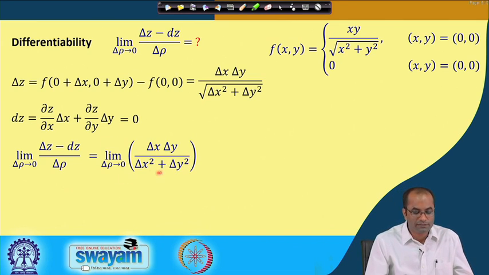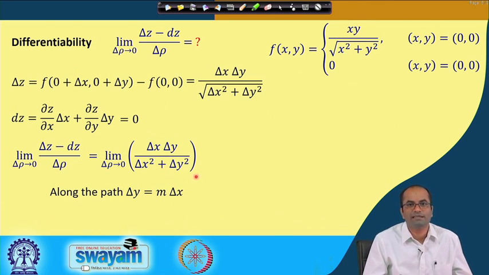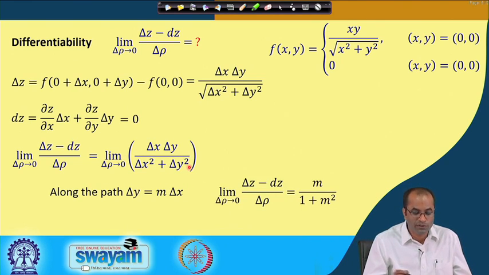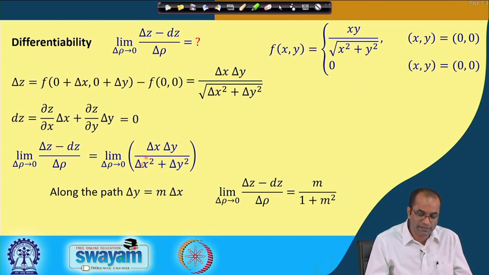And now, we will see this limit. So, if we take this path here delta y is equal to m into delta x, one can clearly see because we have this quadratic term there and each of them is also quadratic. So, we will easily realize that when we take this special path delta y is equal to m delta x, the linear path to go to delta x 0 delta y 0, we will get here simply, when we put delta y is equal to m delta x, here also m square delta x square, delta x square will get cancelled and we will get this m over 1 plus m square.